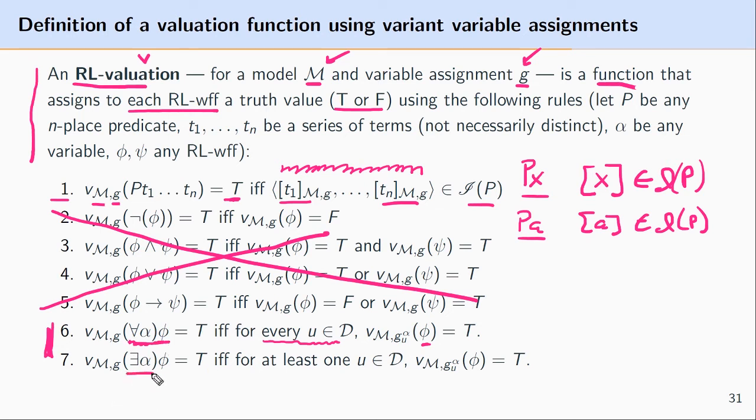The existentially quantified formula is true provided there's at least one item u in the domain that we can let the variable alpha reference, and phi comes out as true. So if phi can come out as true for one of these variant variable assignments, then the existentially quantified formula is true.